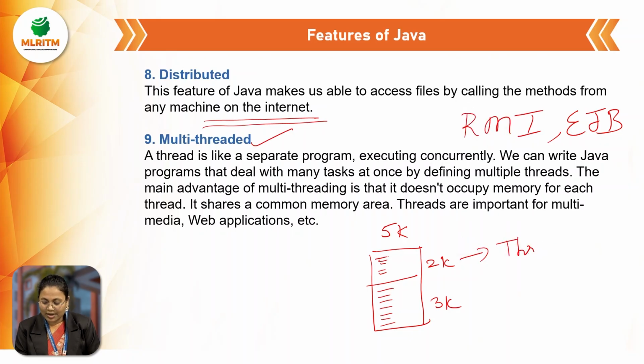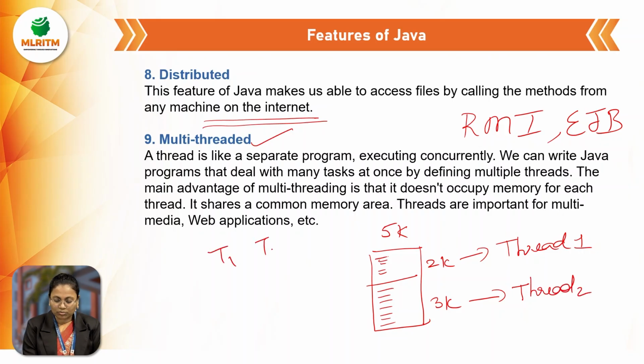So the first 2K lines of code will be assigned to thread 1, and the next 3K lines of code will be assigned to thread 2. Both thread 1 and thread 2 will execute concurrently, in parallel.